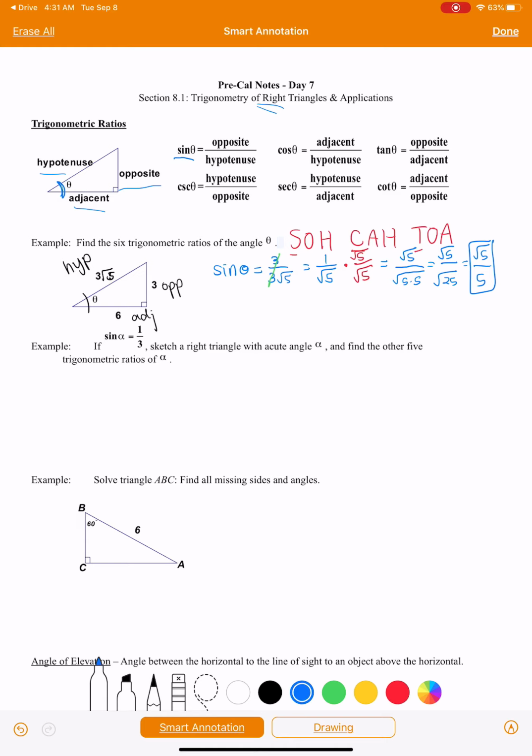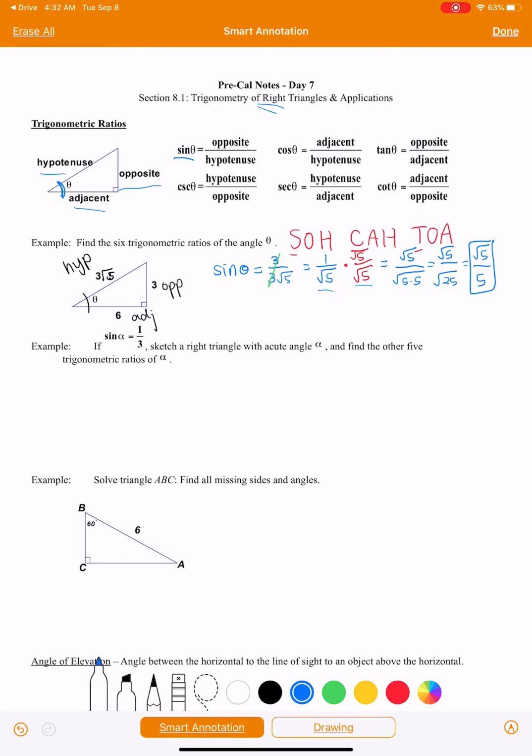Essentially, if we multiply by the same number with the square root, we could automatically know that square root of 5 times square root of 5 is just 5 by itself. And notice there's no longer a square root in the denominator.